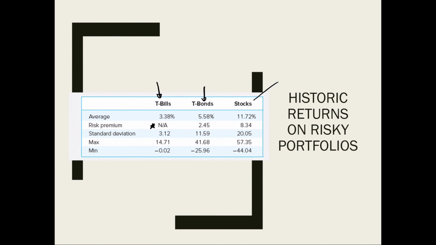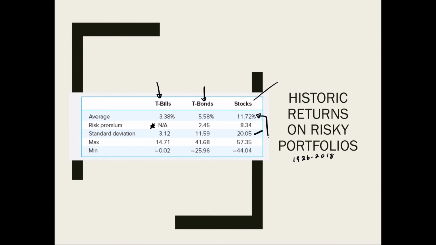And then you have stocks, the most risky of this group. This stock benchmark is composed of New York Stock Exchange listed stocks, NASDAQ stocks, and Amex stocks, from the period of 1926 to 2018. As you can see, the most risk, the highest average return.